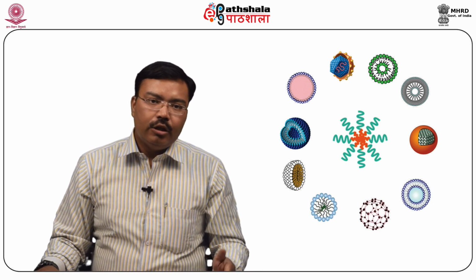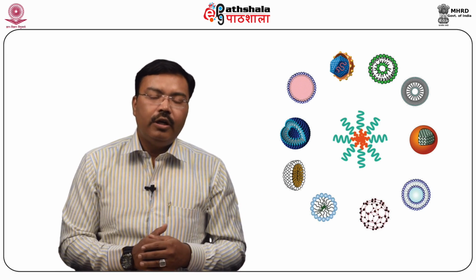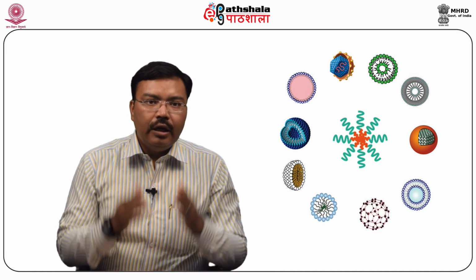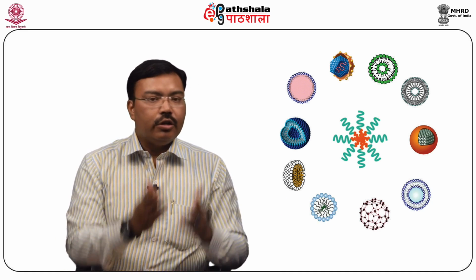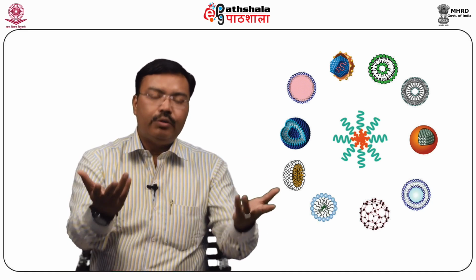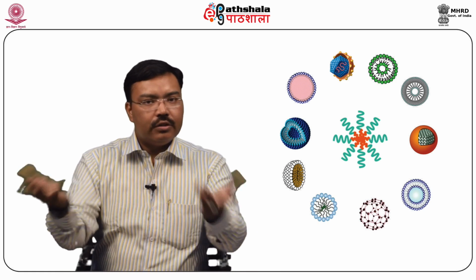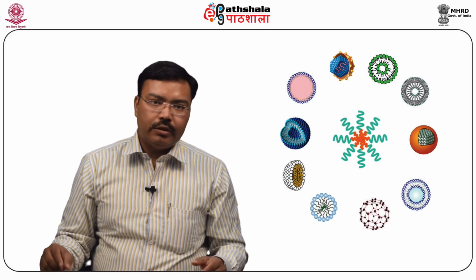So we can classify the two categories of samples: the sample which contains water is called reconstituted or diluted microemulsion, whereas the other is called concentrated microemulsion or pre-concentrated microemulsion.